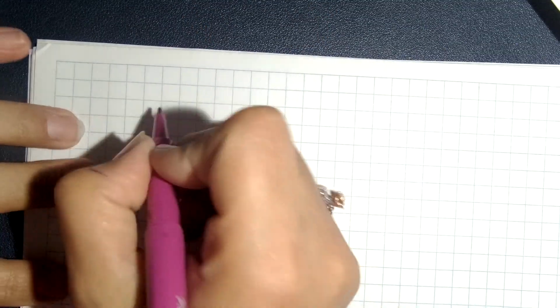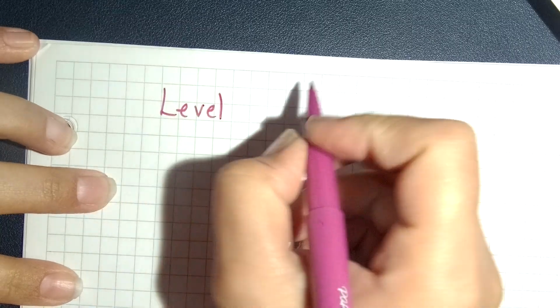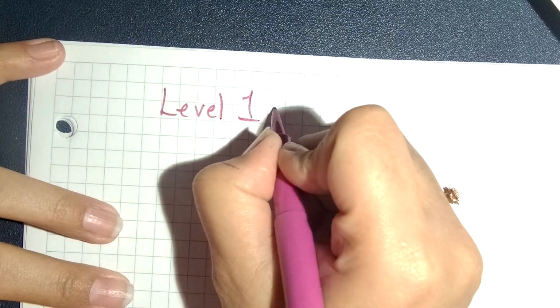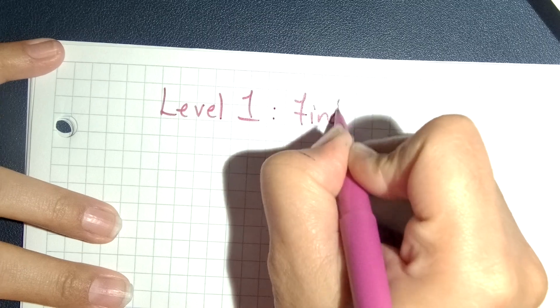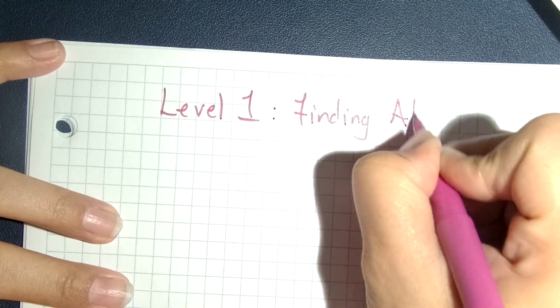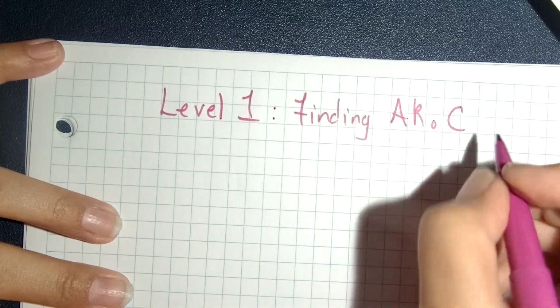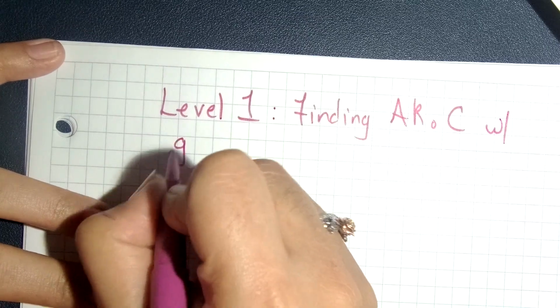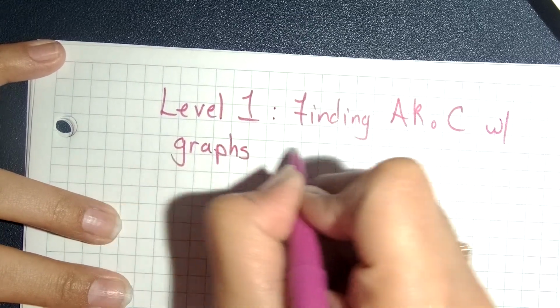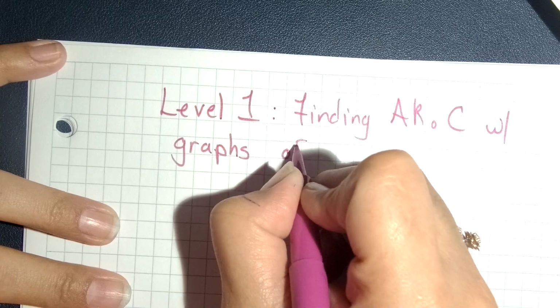So now let's talk about what level 1 will look like. Level 1 will be finding average rate of change with graphs or functions.